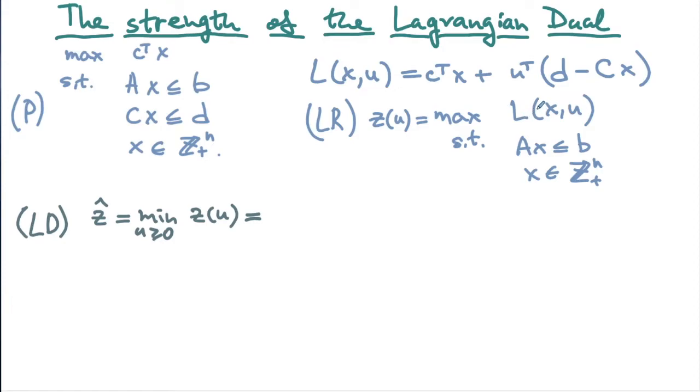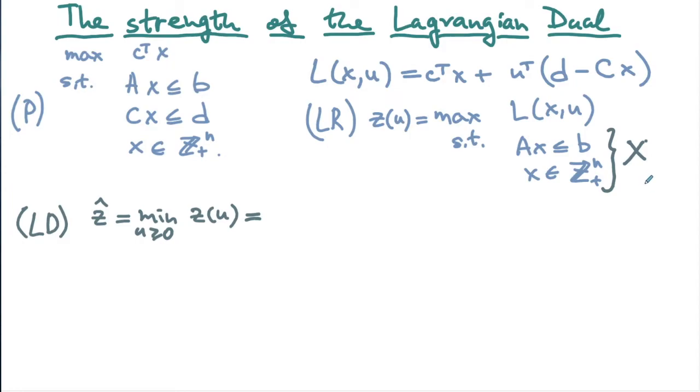It's a maximum of the Lagrangian, and before we do that, let's assume for simplicity that the set x given by these constraints contains a finite number of points. So essentially you have a bounded set and there is a finite number of integers within the set.